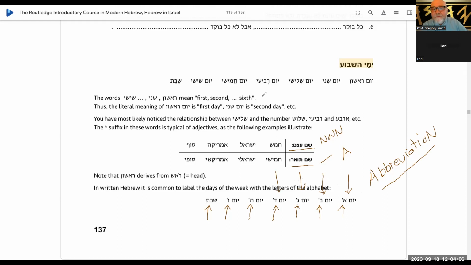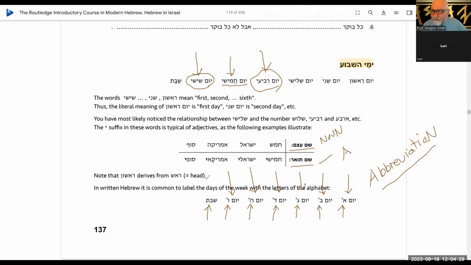Yom Dalet would be like Yom Revi'i, which would be a Wednesday. Yom Hey would be like Yom Hamishi, that would be like a Thursday. Yom Vav would be like Yom Shishi, that would be a Friday.